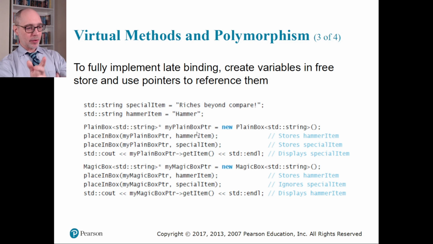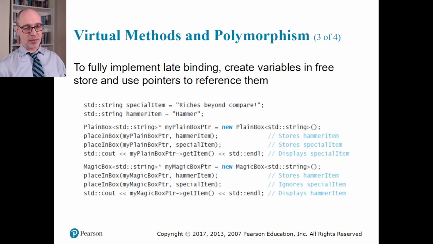Now, for what it's worth, the other thing they did here to modify this a little bit is that instead of a reference variable in the function placeInBox, they've rewritten it to take a pointer instead. There's really no difference. As long as your function has either a pointer or a reference, it works exactly the same way, since references are really just pointers in disguise.